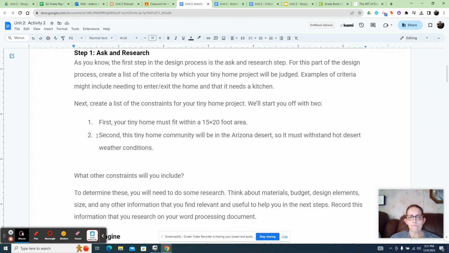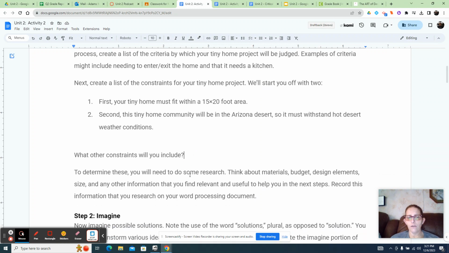You need to change the area so that it's like a desert area. So think about the roofing and the siding and the windows. What other constraints do you think you'd want to include if you know that it's going to be a hot area?